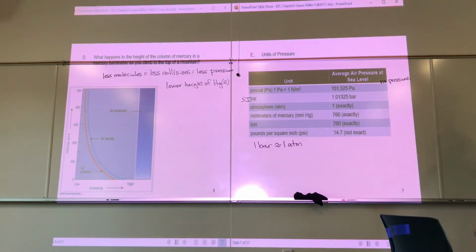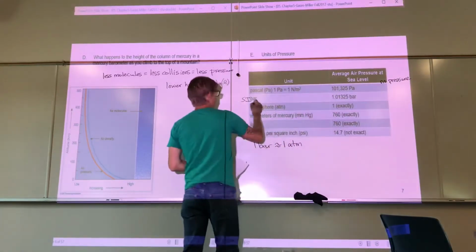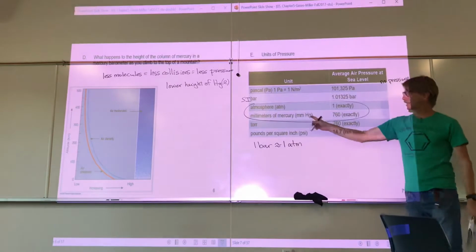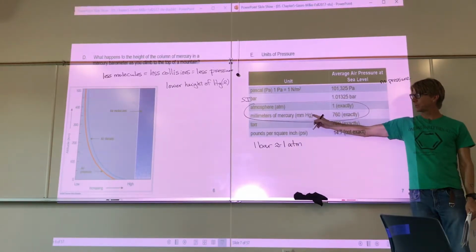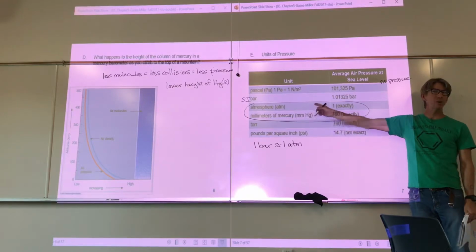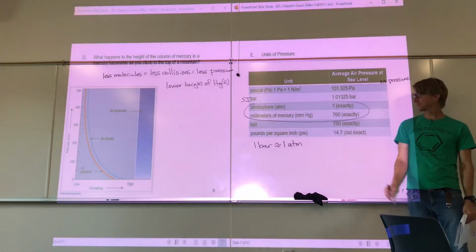Let's see. I think as far as unit conversions, the main one that you have to know is I typically give you information in millimeters of mercury. You will have to convert it to atmospheres. I don't know whether this is on your conversion and equation sheet, but if it is not, please memorize it.